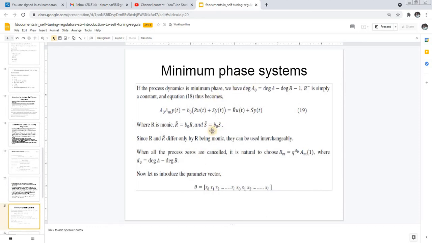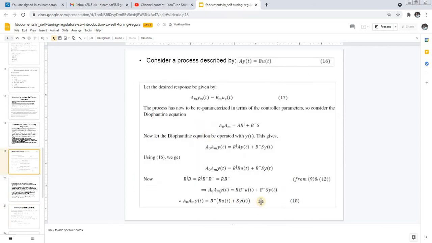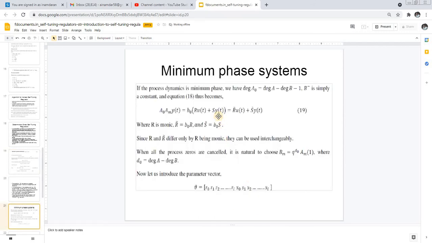So if the process dynamics is minimum phase, we have already that degree of A naught equals degree of A minus degree of B minus 1. B minus is simply a constant, and equation 18 here becomes A naught Am y(t) equals B naught.